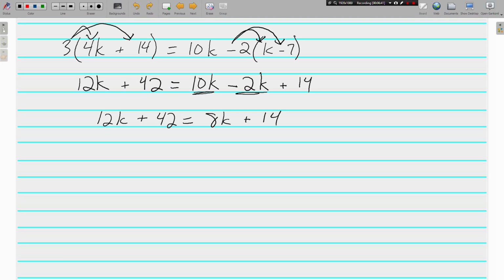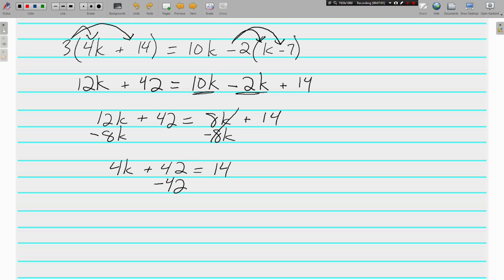Alright, so now each side is simplified. We are ready to do things to both sides. We're going to get our variables together first. And I kind of like mine to be positive, so I'm going to send them over here to the left side. 12k minus 8k is 4k plus 42 is equal to 14.